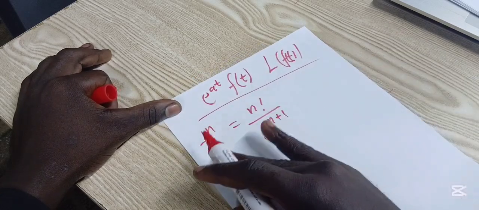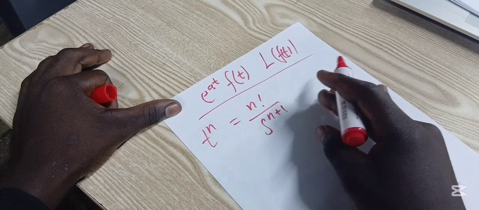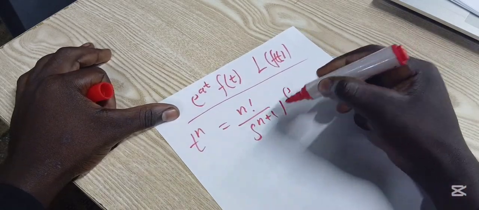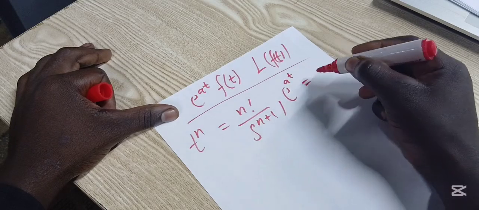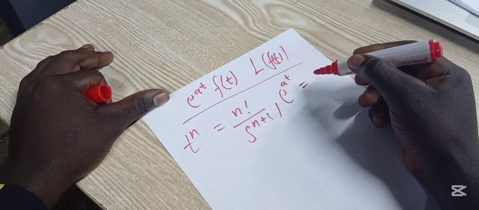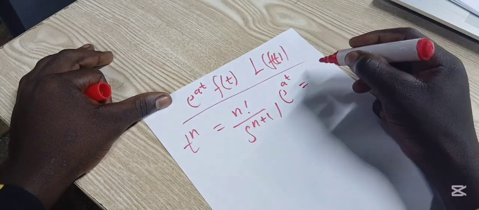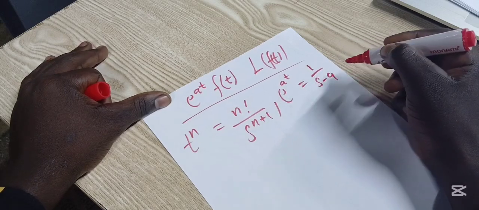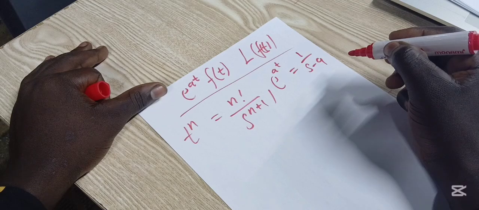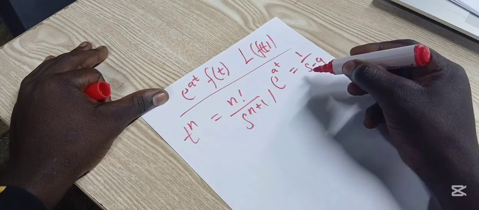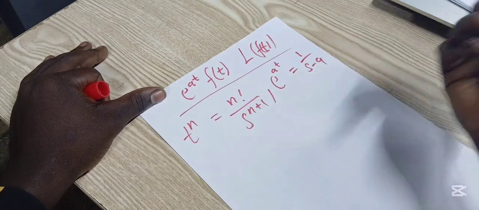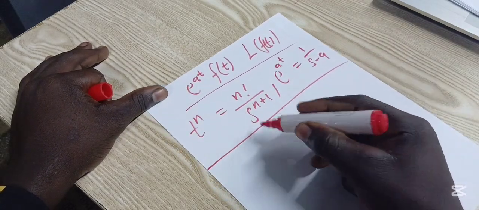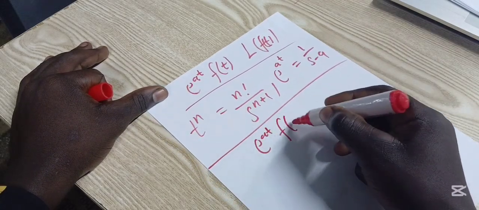And if we have a function e to the power at, we are to find the Laplace transformation for this function, we are going to get 1 out of s minus a. So we already talked about these principles in the previous video. So let's focus on the Laplace transform of the form e to the power at f(t) for now.